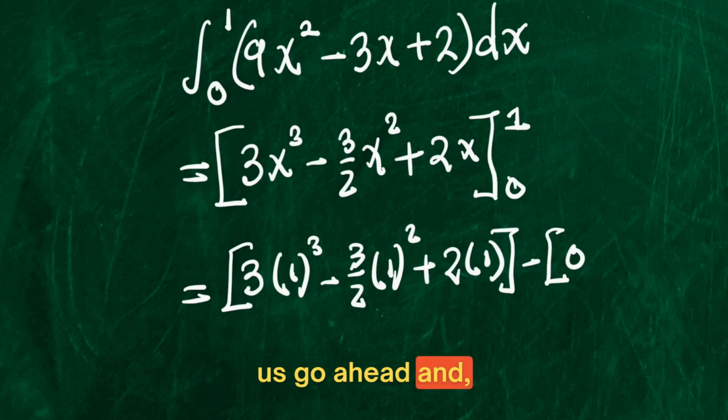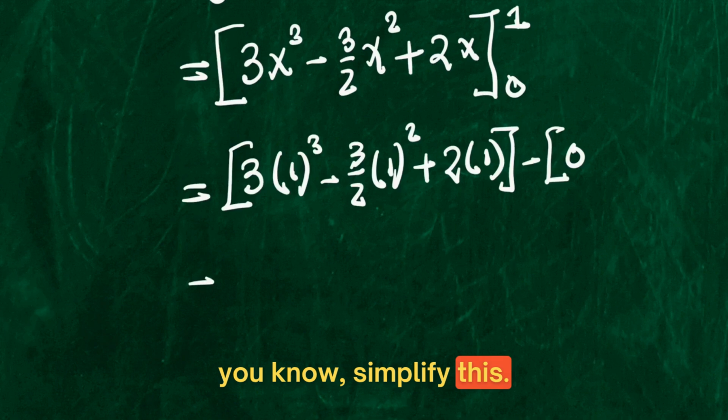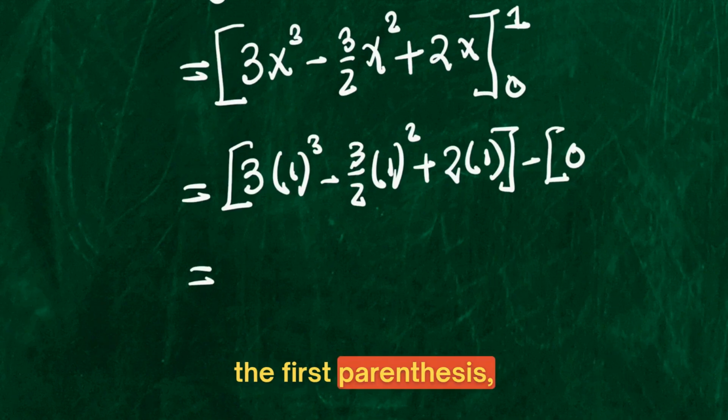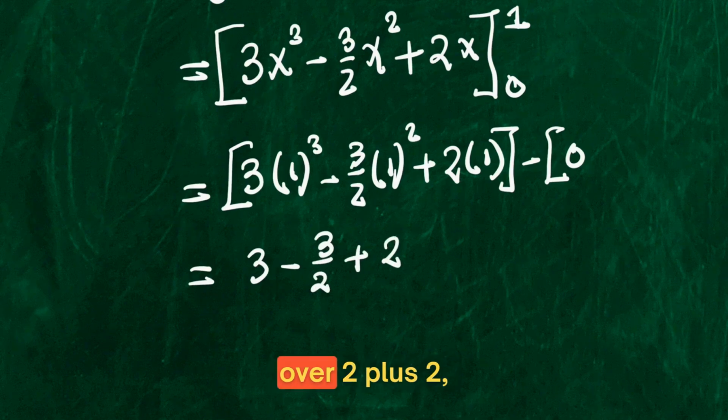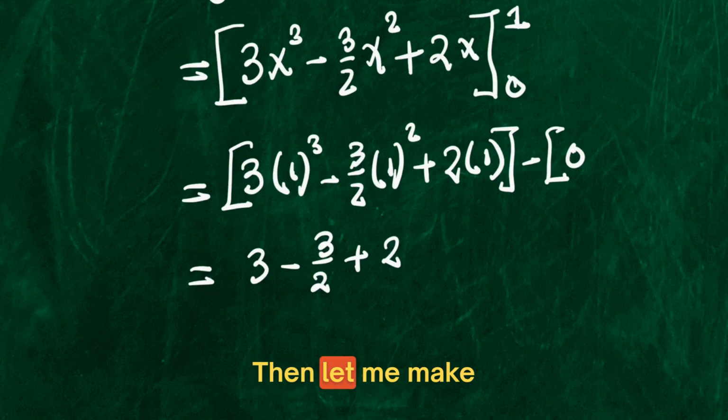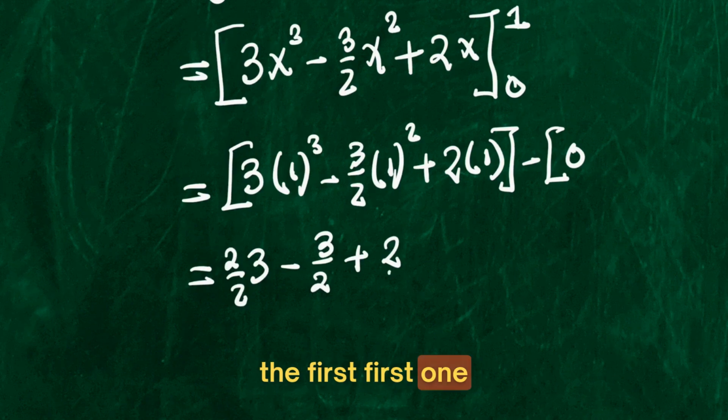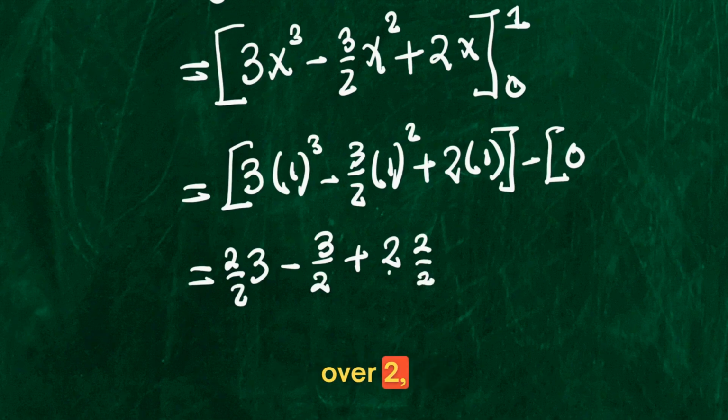Then let us go ahead and simplify this. So in the first parenthesis, we have 3, that is 1 to the power 1, it is just 1. So I don't write anything, right? So I just have 3 minus 3 over 2 plus 2, okay? Then let me make the denominators the same. So in the first one, I multiply by 2 over 2, and the last one, I multiply by 2 over 2 again.